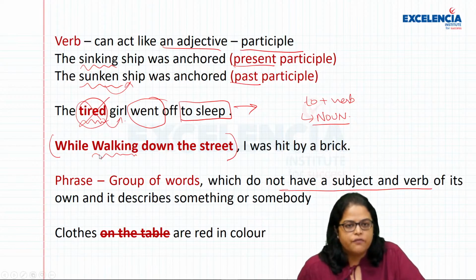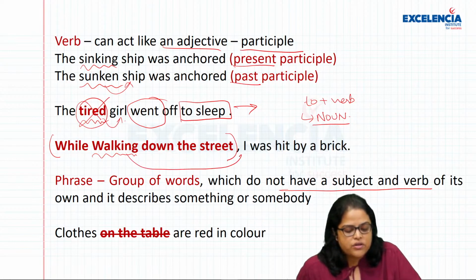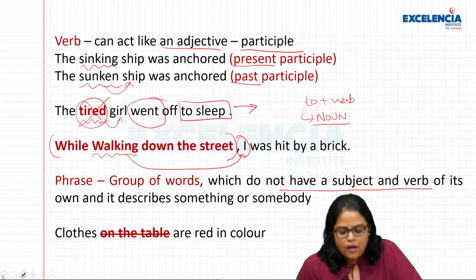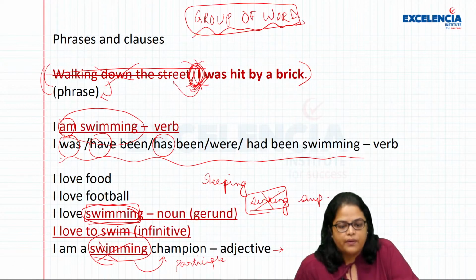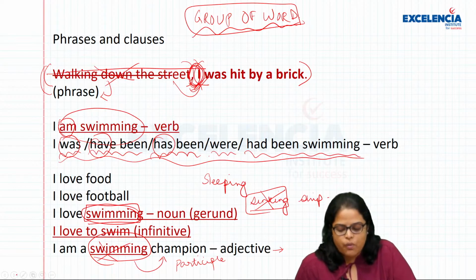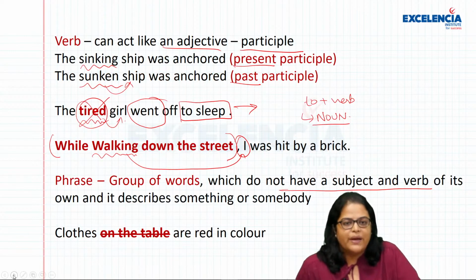How is walking not a verb, Aditi? Walking is just describing I. It's acting like a participle. For an ing verb, guys, please understand you always need this helper verb. So if I had said I was walking, it would have been a verb. But when I'm saying while walking I was hit, this walking has no helper here.